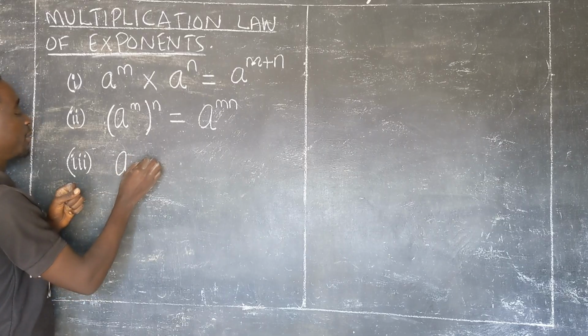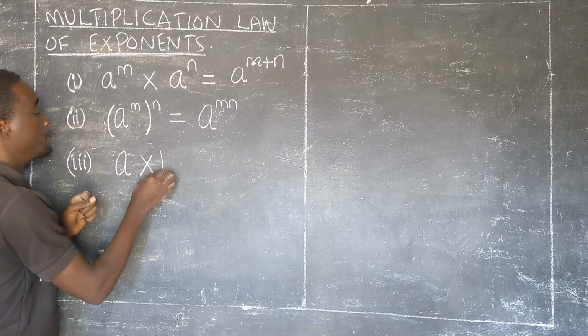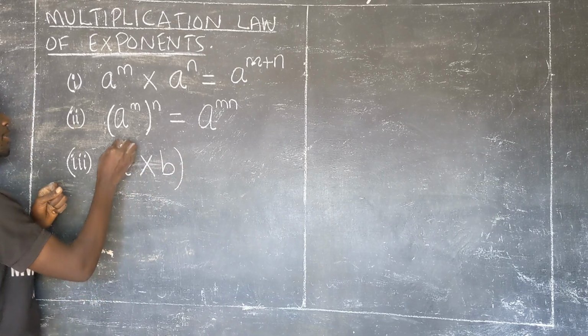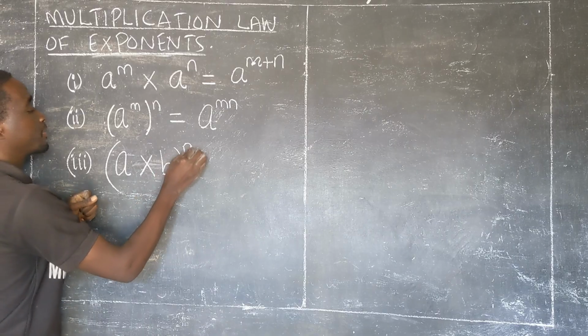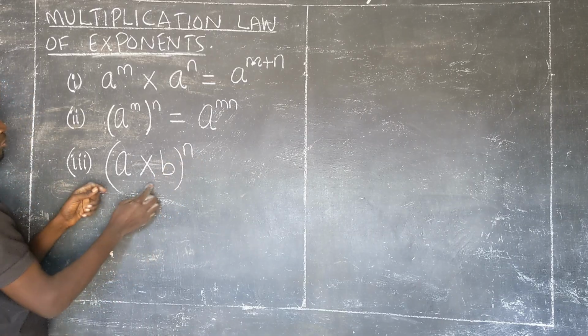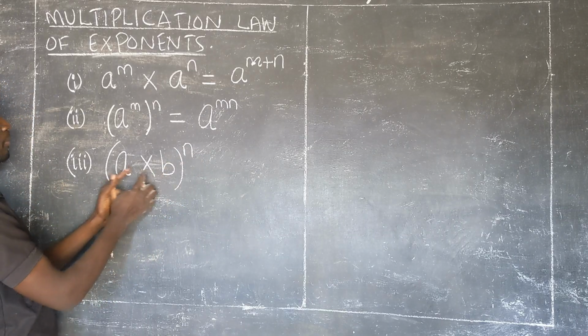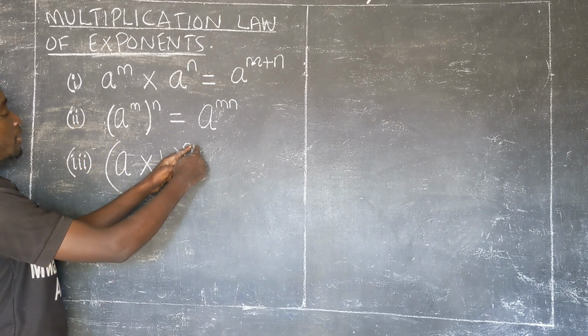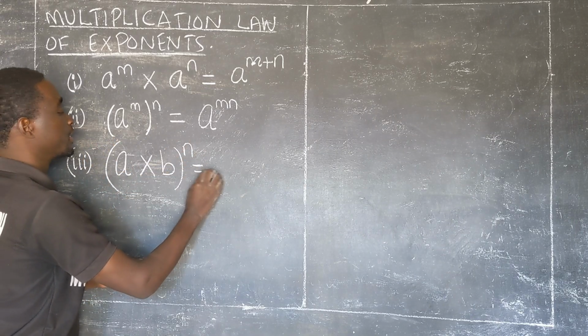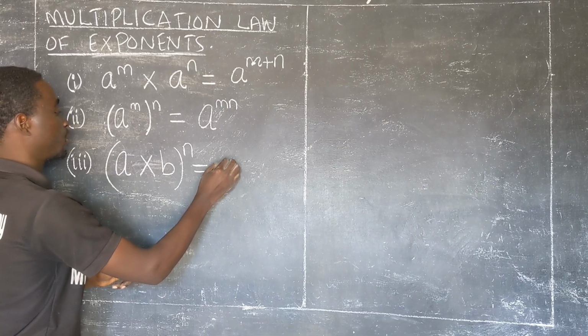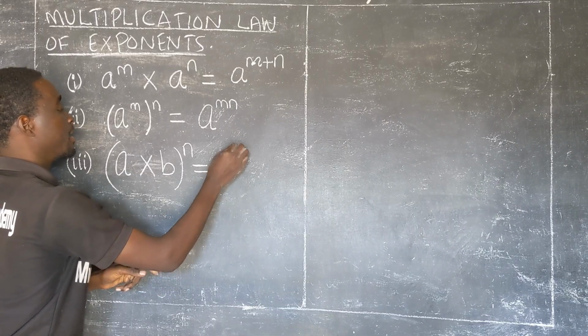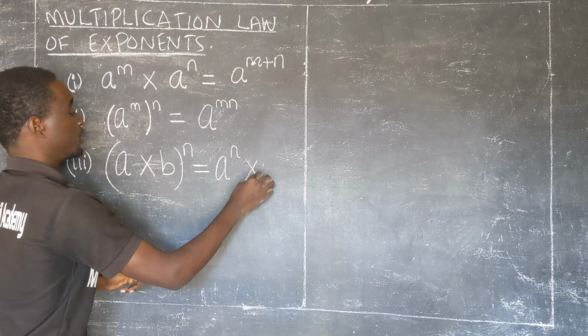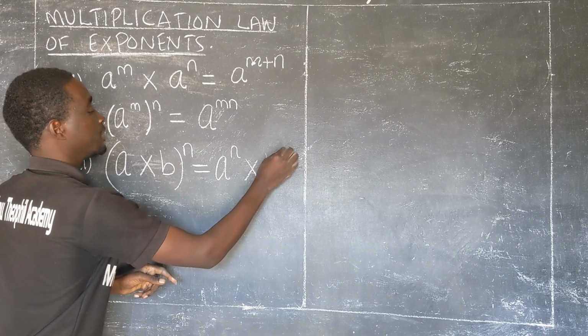In case 3, we have (a times b) raised to n. In this, we have different numbers multiplied by each other and expressed in a single exponent. Here the answer is written this way: a raised to n times b raised to n.